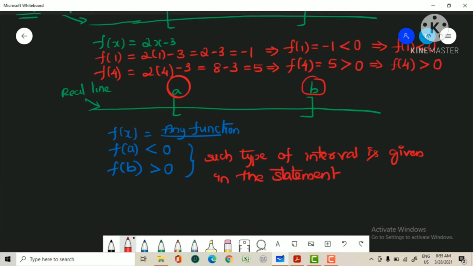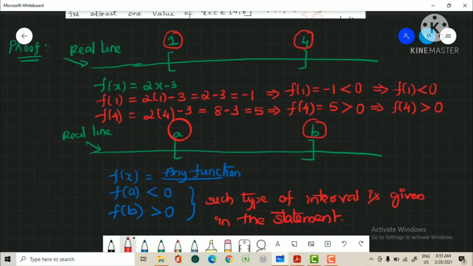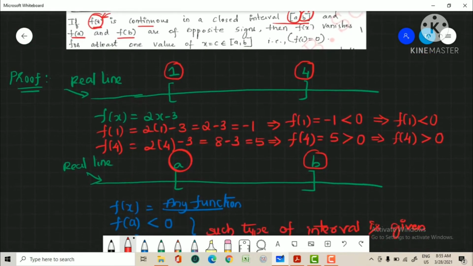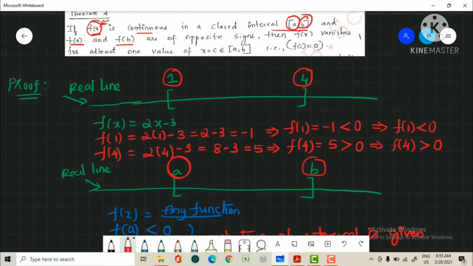We'll go to the statement again and we will see what he is trying to say. See, f of x is continuous in the closed interval a comma b, he is saying, and when you plug in a value in the function, that means f of a is negative and f of b is positive.